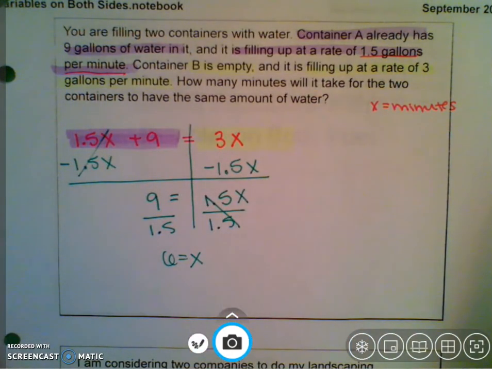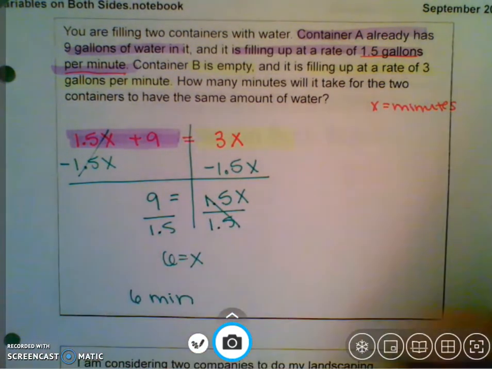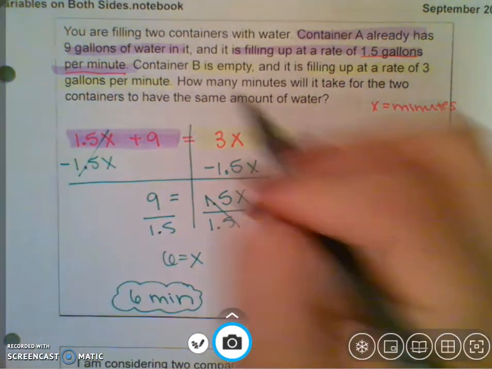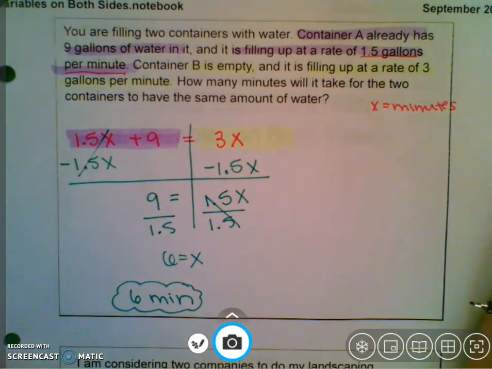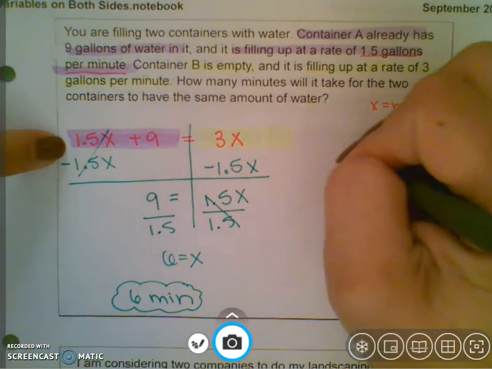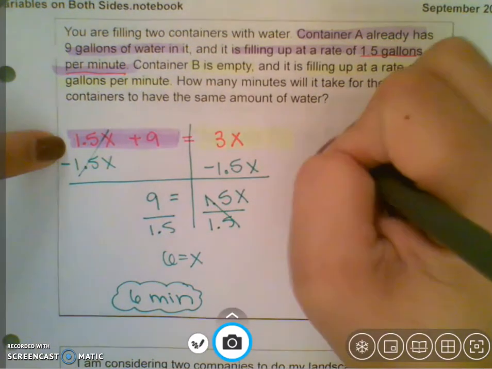Well, 6 what? How many minutes? So this took 6 minutes for both of them to be at the same amount of water. And let's check. So at 6 minutes, how full were each container? Well, let's see. Container A, I had 1.5 times 6 plus 9.